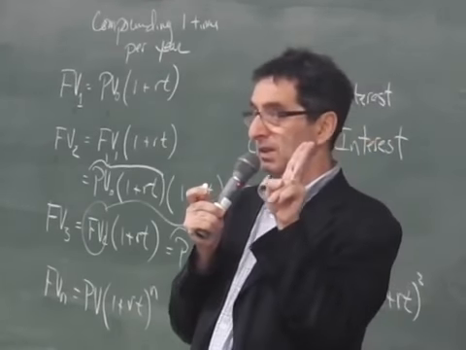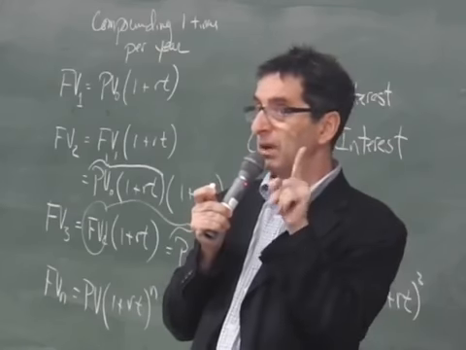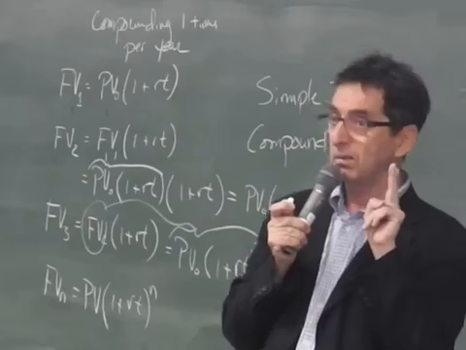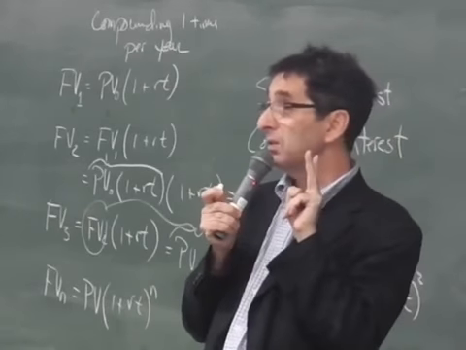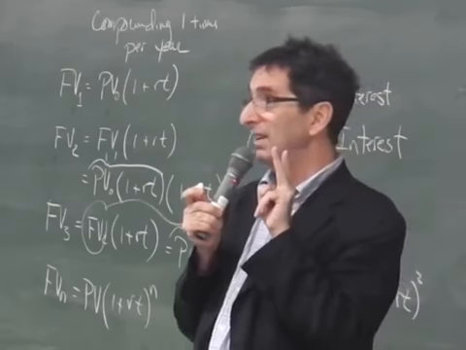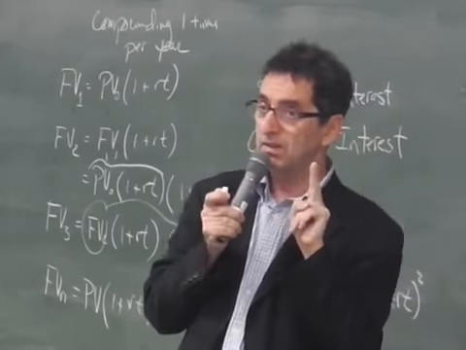Semi-annually means 2 times a year. What does the word annually mean? 1 time a year. What does the word quarterly mean? 4 times a year. By the way, how long is a quarter? 4 months? No, not 4 months, right? 3 months. A quarter of 12 is 3. So 3 months is a quarter.